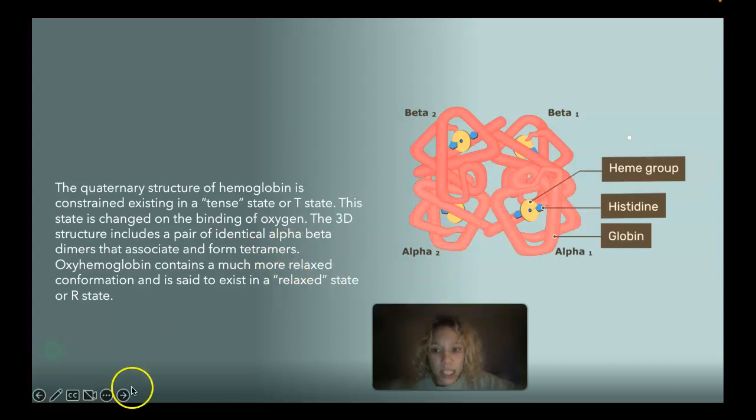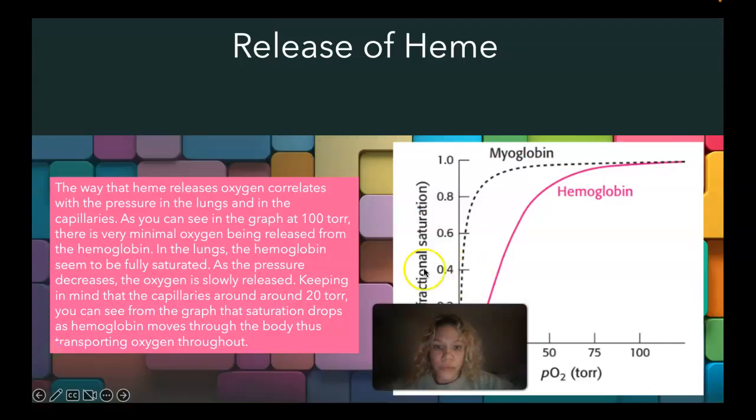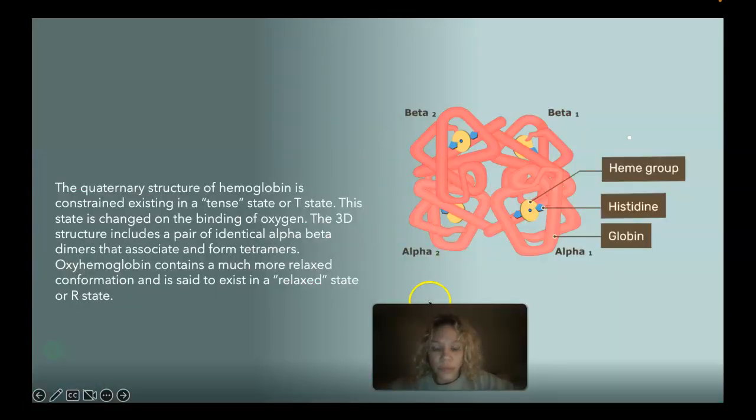Right, so oxyhemoglobin contains a much more relaxed conformation and is said to exist in a relaxed state or R state. Now I did want to add that as diatomic oxygen binds to the iron, it does pull the iron inward, which then pulls the proximal histidine, which pulls on the helix of the polypeptide chain.